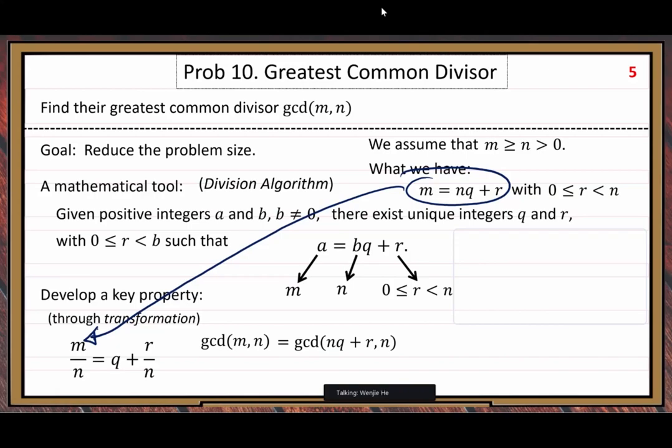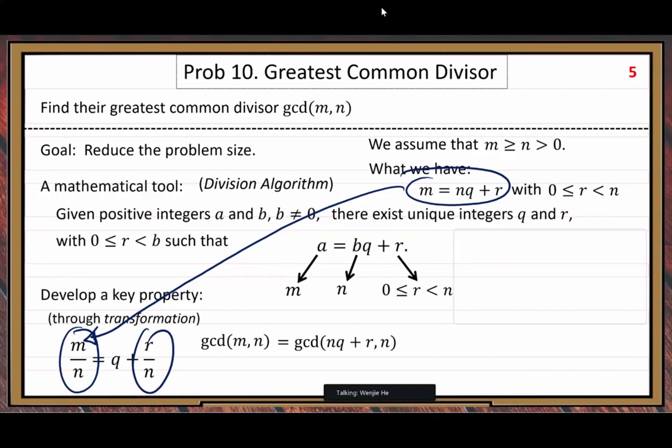So there is no relation for q with the common divisor, right? So based on this observation, we know these two fractions should have the same common divisor.